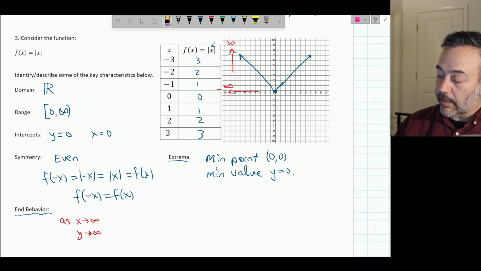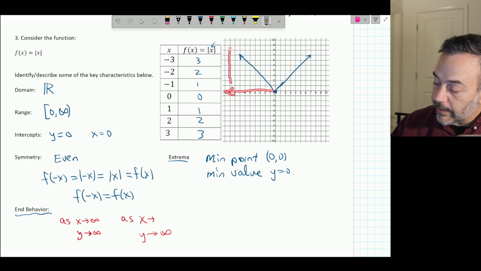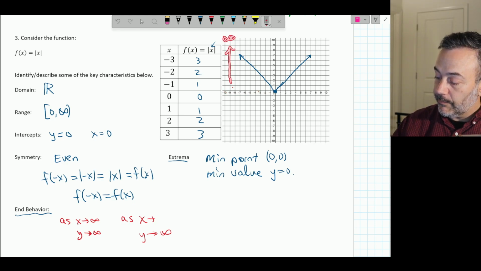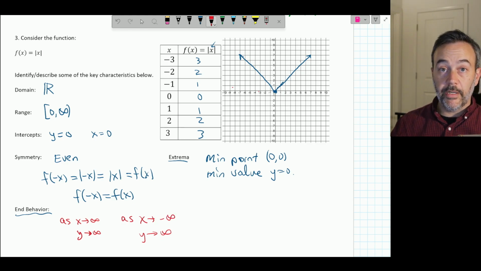So it goes up on the left and up on the right.